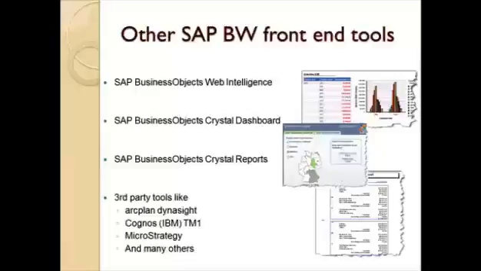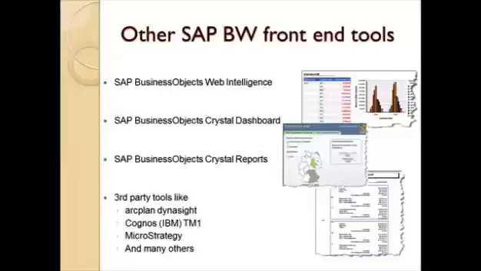Finally, there are also other front-end tools that can be used along with SAP BW. As shown here, a lot of them are Business Objects front-end tools. As I mentioned before, this company was acquired by SAP mainly because of their excellent front-end BI tools.